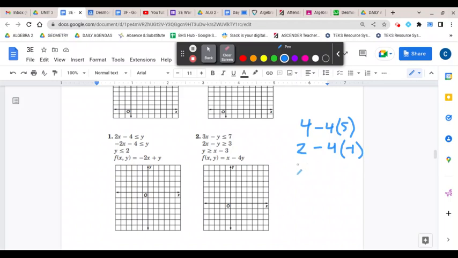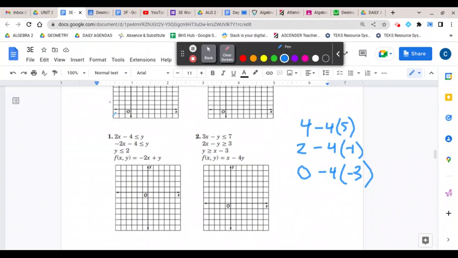And the last point was (0, -3), so 0 minus 4 times negative 3. Plug those in to our objective function, get our 3 numbers, and then determine what the max is.